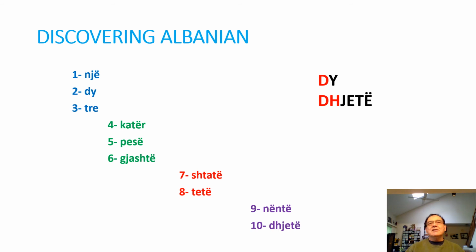However, when we write DH, that's the sound that we have in English typically that we write with the TH, like they. So in this case, it would be dhjetë. You have to bite your tongue, dh. So number 2, du. But number 10 is going to be dhjetë. You bite your tongue.